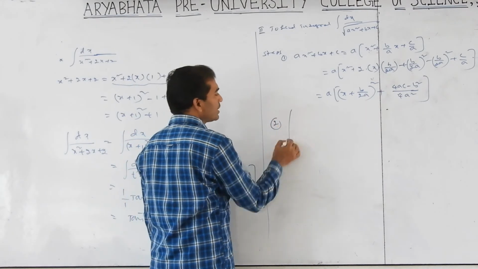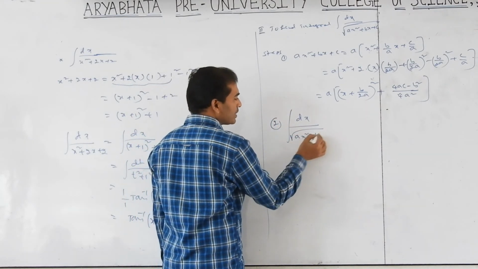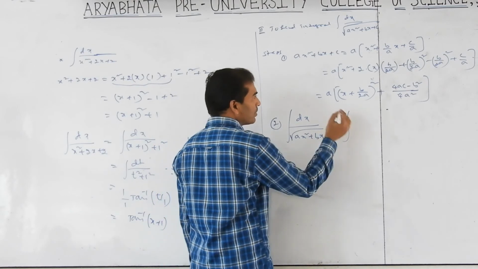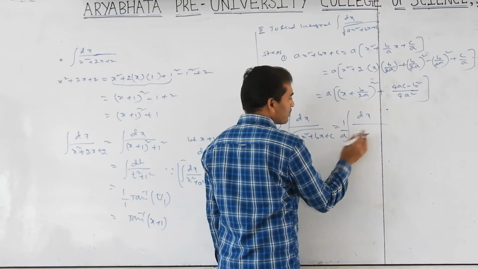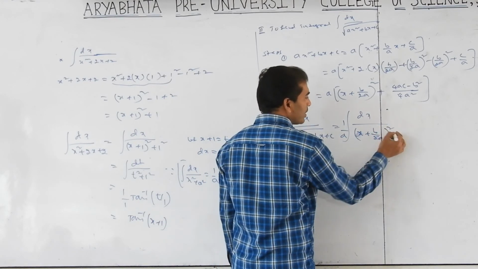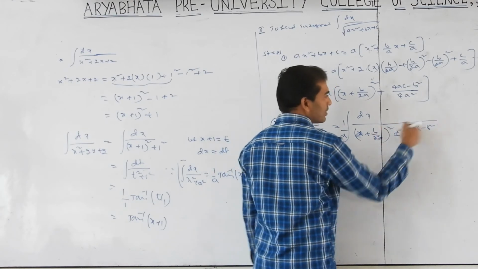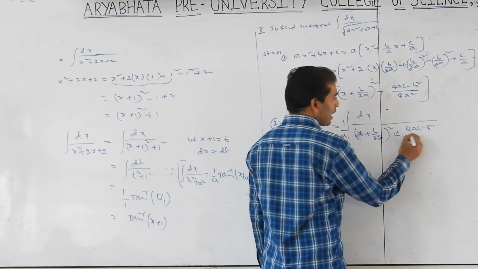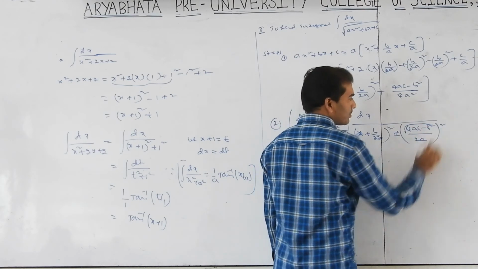Step 2: substitute. dx by root of ax square plus bx plus c equals dx by root of a times x plus b by 2a whole square, plus or minus 4ac minus b square by 4a square.